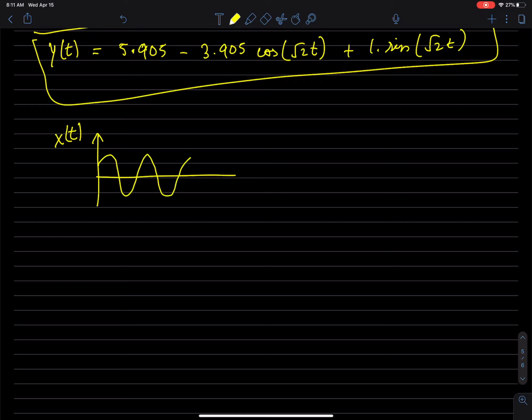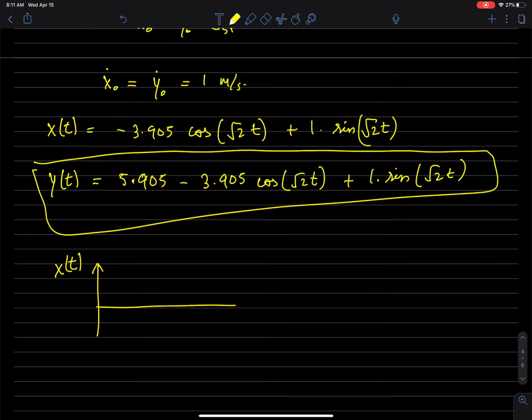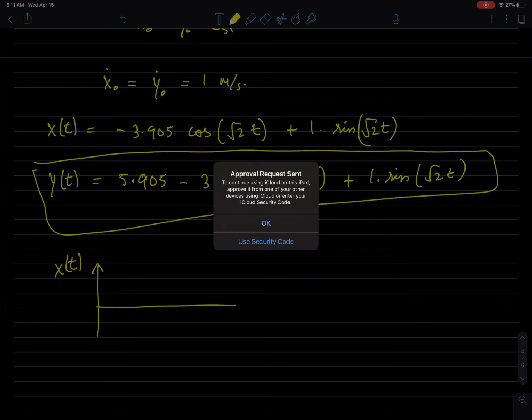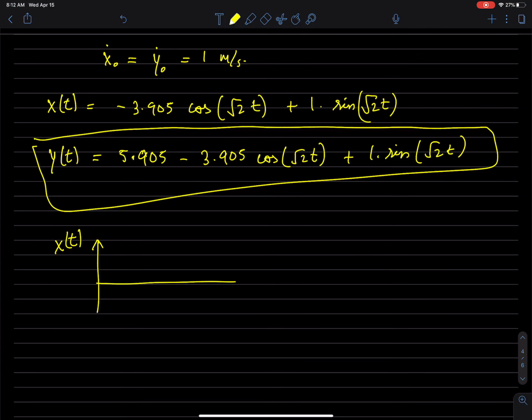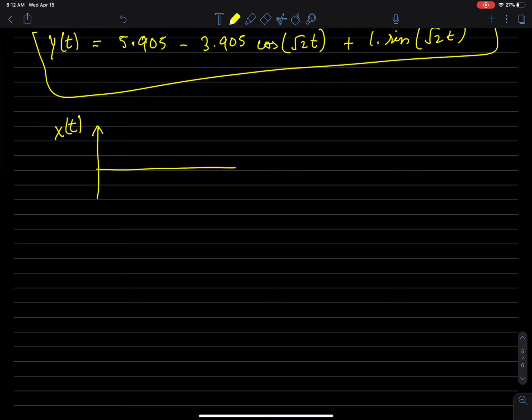I'm not necessarily drawing this precisely, but if you want to be more precise, it's going to start with negative 3 at time equals 0, and then it's got a positive velocity. So it's actually going to look more like something like this, let's say, okay?